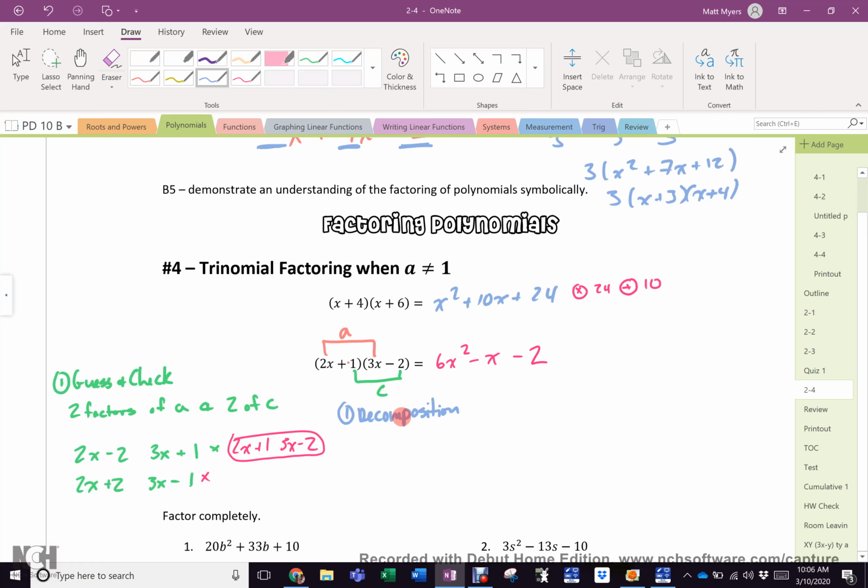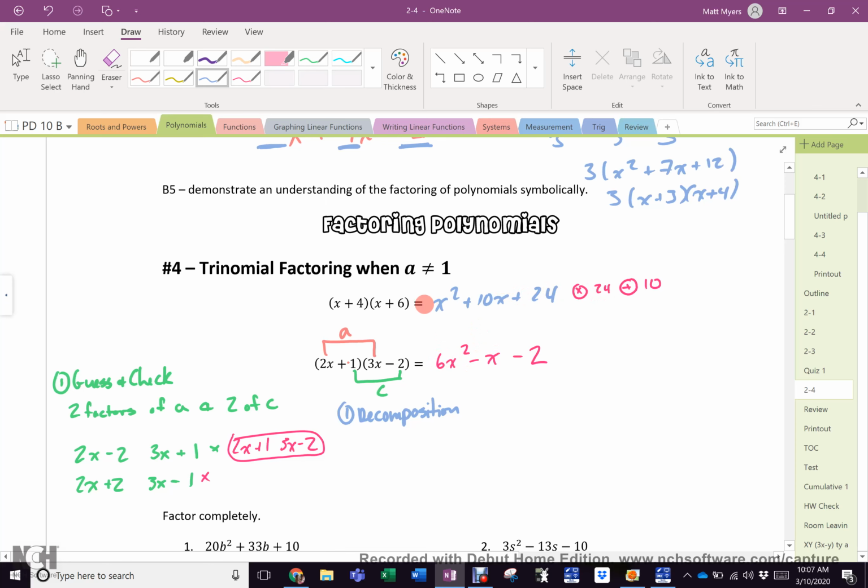Under guess and check, what did you write on the second line? 2 factors of A and 2 of C. All right. So in decomposition, now listen. In decomposition, if there is no number there, we have to multiply to 24 in regular factoring, yes? But now there's a number there. How many times bigger is that than that? 6 times bigger.